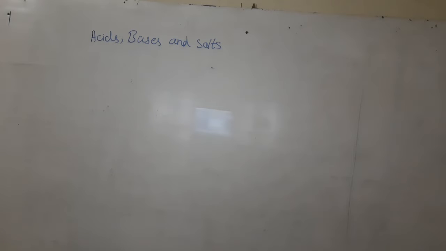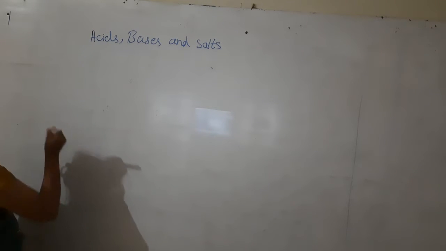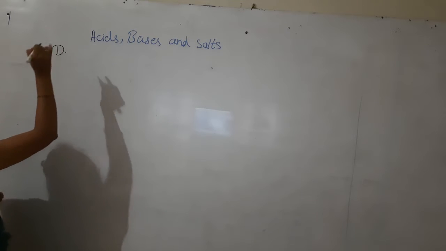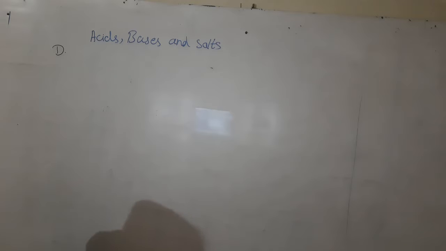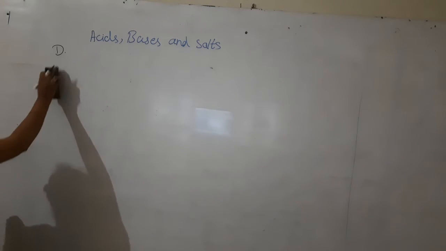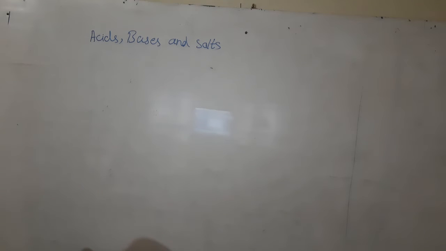And now we'll discuss the classification of acids on the basis of number of hydrogen ions. Next, D, that is the classification on the basis of number of hydrogen ions.